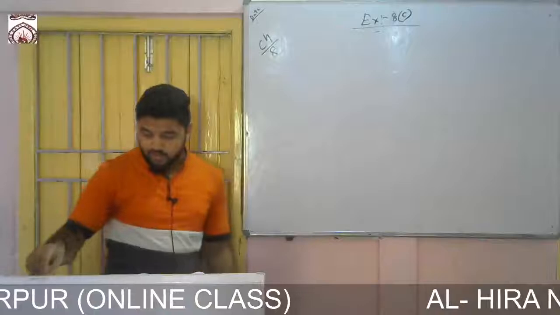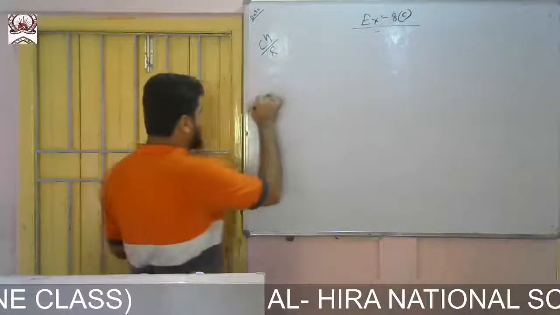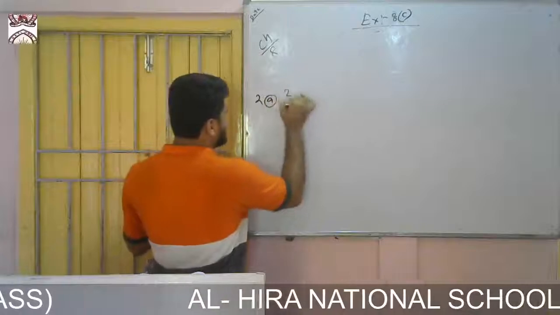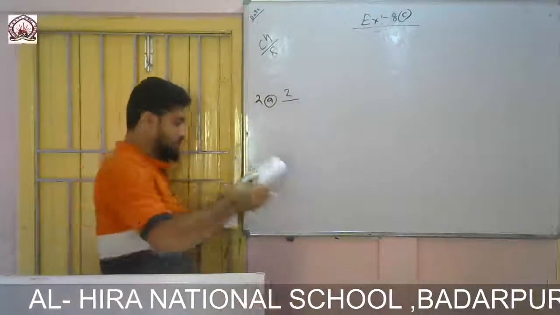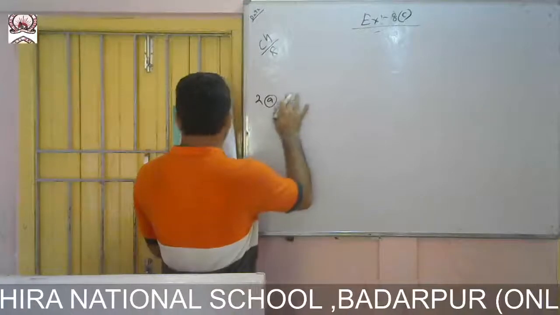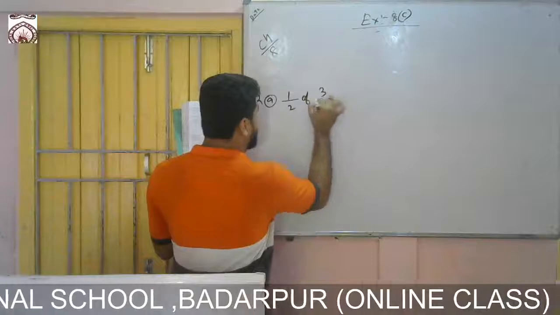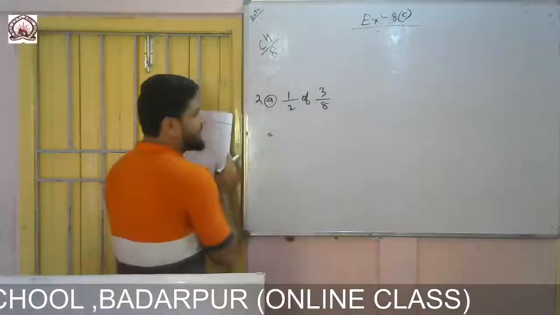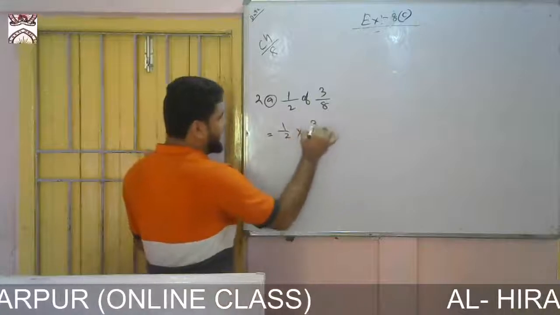So question number 2, what is there? 1 by 2 of 3 by 8. Question number 2a. 1 by 2 of 3 by 8, that means 1 by 2 into 3 by 8.